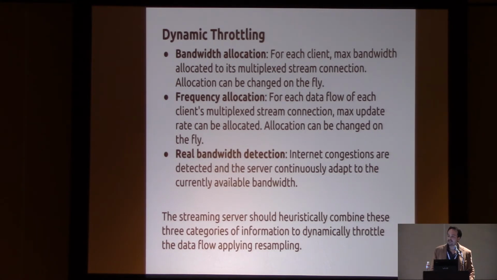And that's a good way to know how the network is behaving moment after moment. What you have to do with your streaming server is to combine heuristically all these parameters, and at every moment decide what to send and what to discard for throttling.